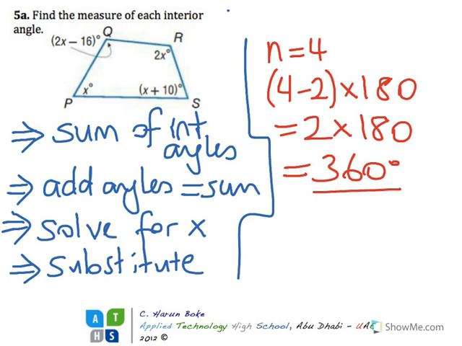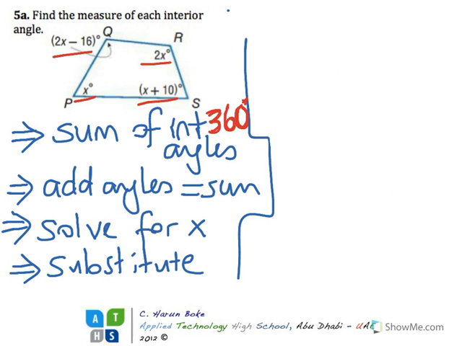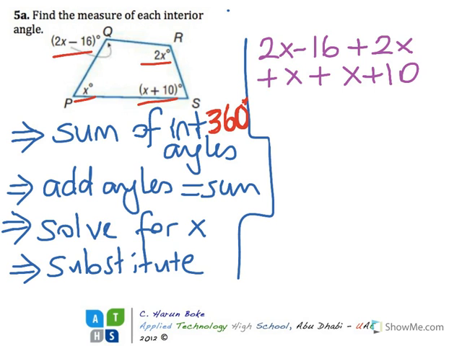Now we are going to equate the sum of these 4 interior angles to 360. Let's write the equation. This is 2x minus 16 plus 2x plus x plus x plus 10.